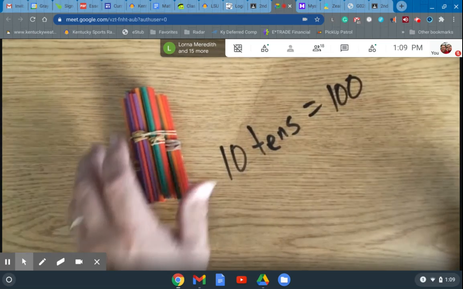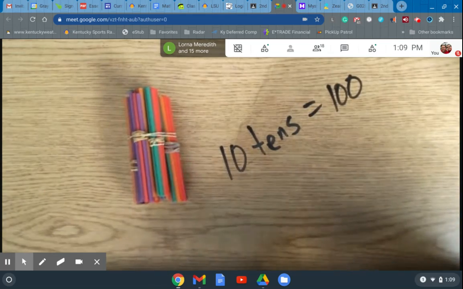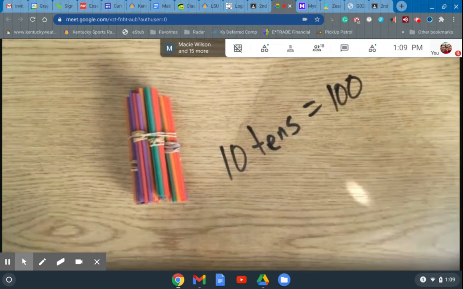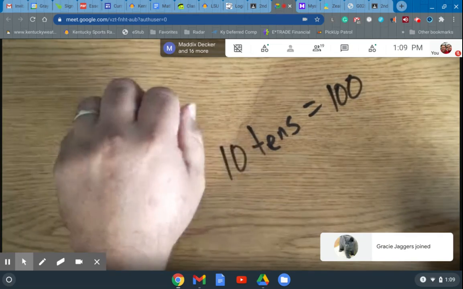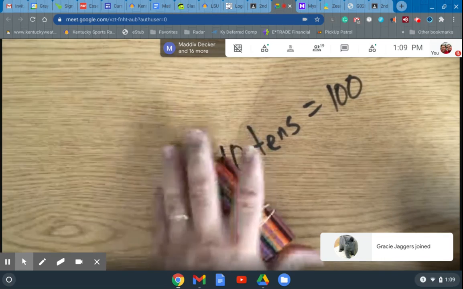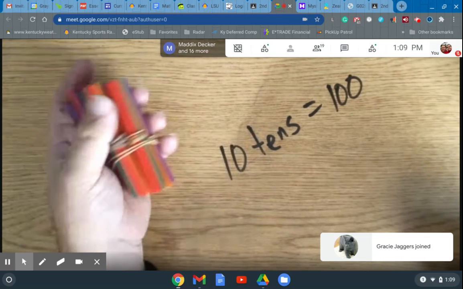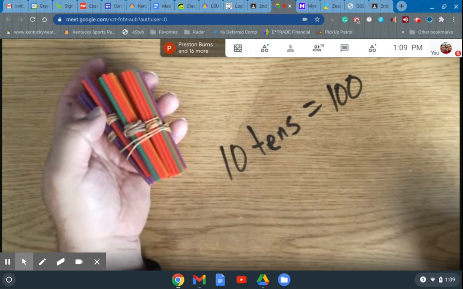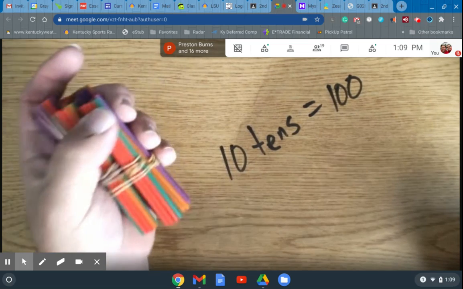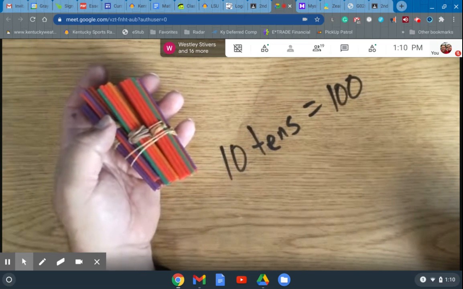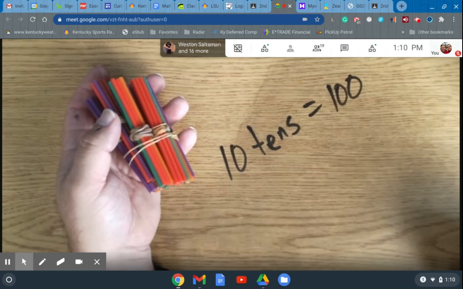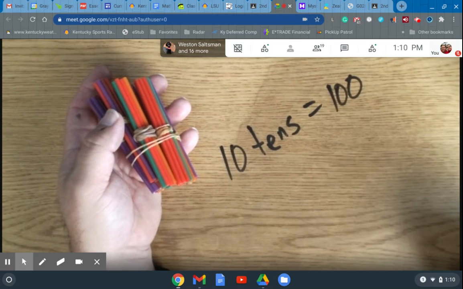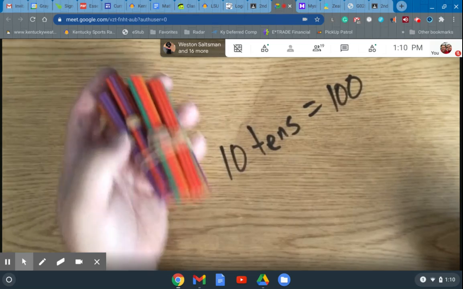All right. So what we've done today is we worked with tens until we built what I'm going to call a super bundle of 10 bundles, which is 20. No, it's not 20. It's how much? Maddox. 100.